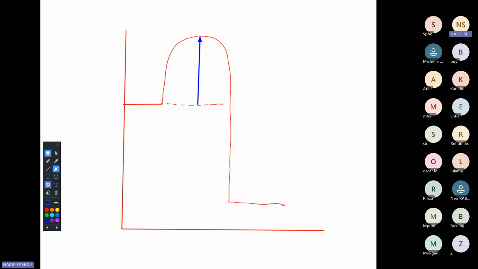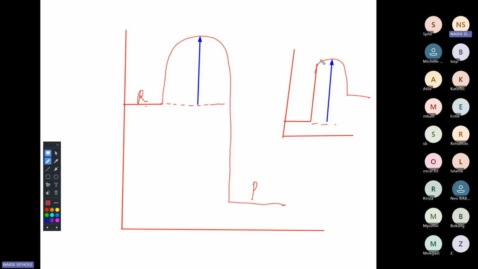Activation energy, guys, understand: it's always from the reactants to the product. Always. So if you have an exothermic reaction, it starts up high because the reactants are high. But if you have an endothermic reaction, it's supposed to start from down here. So your activation energy for an endothermic graph starts from here going up there.